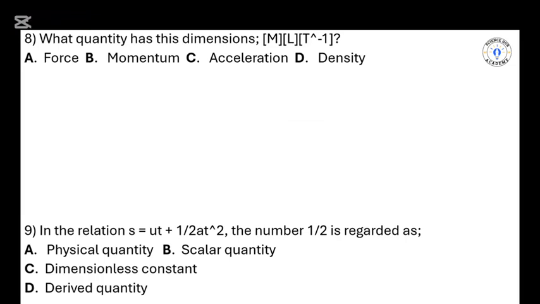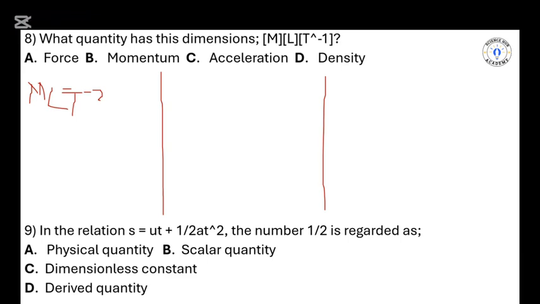The next question says, what quantity has this dimension from these options? Let's see if I can break this into parts. Force, we have seen, is mass times acceleration, L T to the power -2. This is M L T to the power -2.